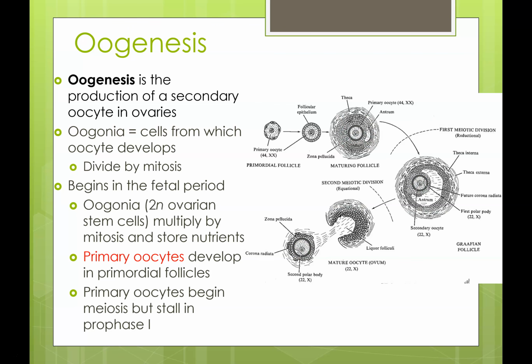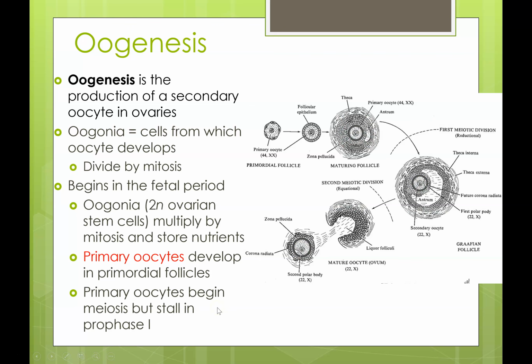Those granulosa cells will eventually secrete estrogen, but for the moment, they are just going to sit around that oocyte, and at that point, they will start to grow in number and create multiple layers, and the oocyte will enlarge, and that's when we get a primary follicle.